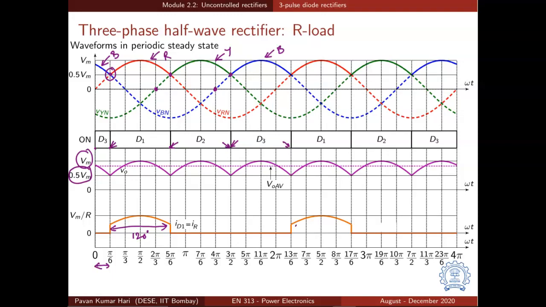It will be again 120 degrees in the next cycle. And how long does each diode conduct? Each diode conducts for 120 degrees in a line cycle. What do you mean by line cycle? Line cycle is typically one cycle of the AC voltage.